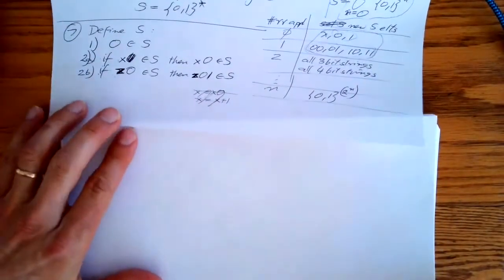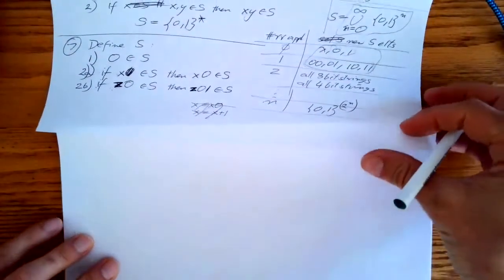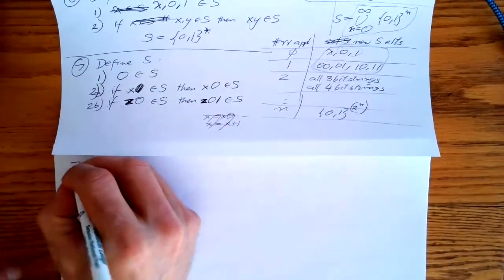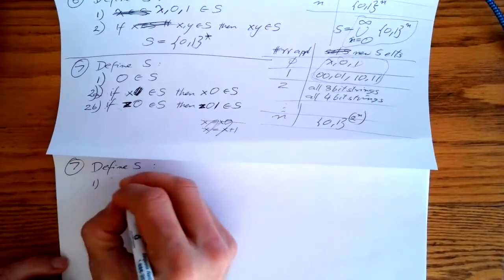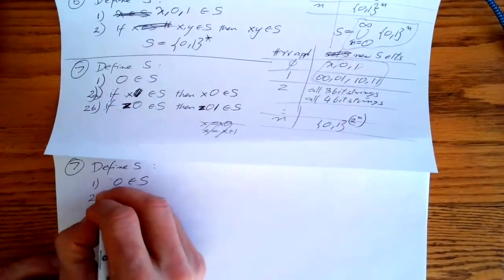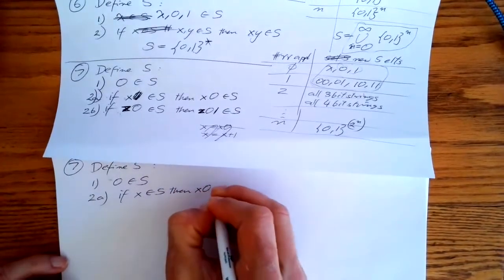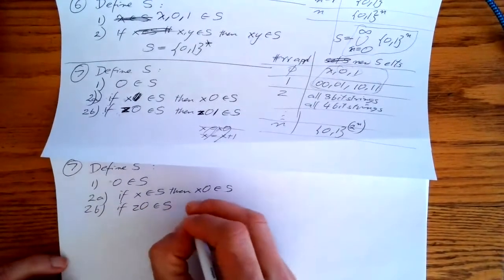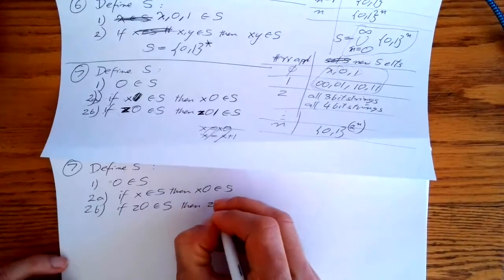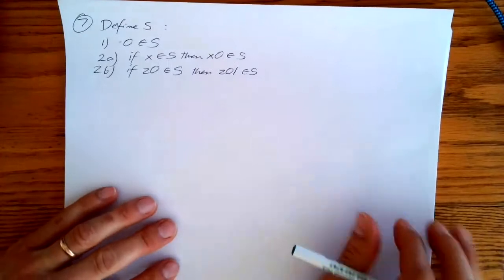Okay, if this is our definition, so let's repeat this on a fresh piece of paper. So this is the 7th example. Define S as the base case 0 is in the set and 2 recursive rules. If X is in the set, then so is X0, and another rule, if Z0 is in the set, then so is Z01. Okay, so let's see what this creates.